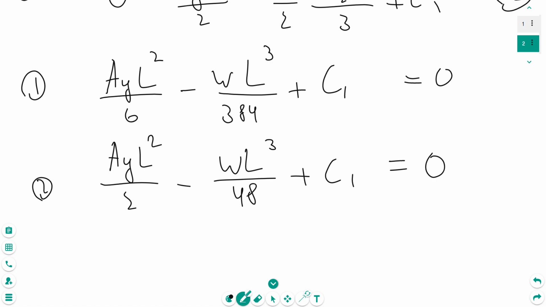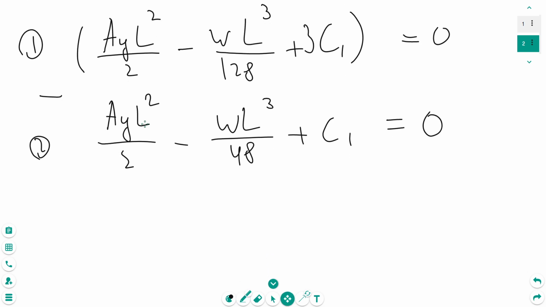I can then also multiply the equation by 3, and it will still be equal to 0, thereby becoming ay L squared divided by 2, and wL cubed divided by 128, as well as C1 becoming 3 times C1. Now I have two equations which are very similar, and I can subtract them to obtain my final solution.